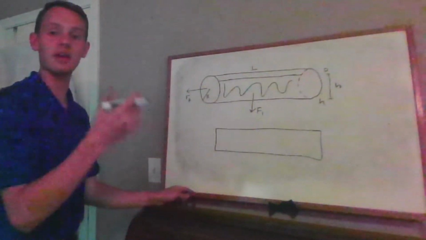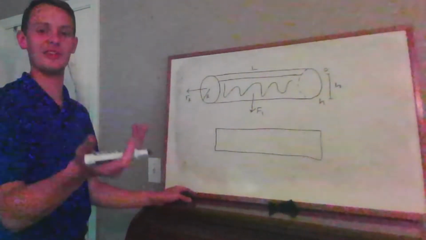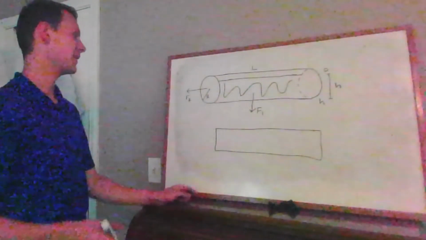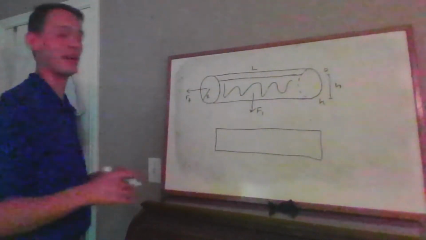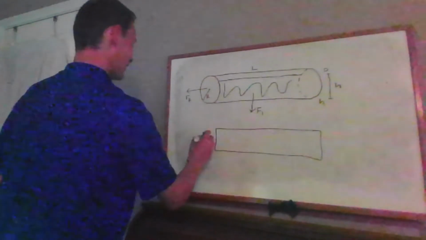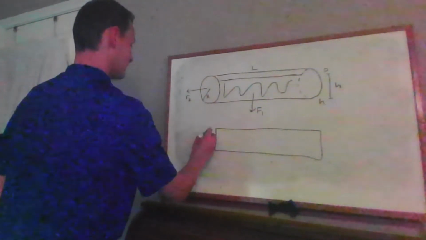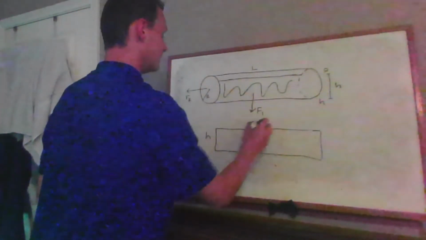Now, why is that? Because the fluid is what's actually exerting the force on the curved wall here of the cylindrical barrel. So it has some height h and length L.